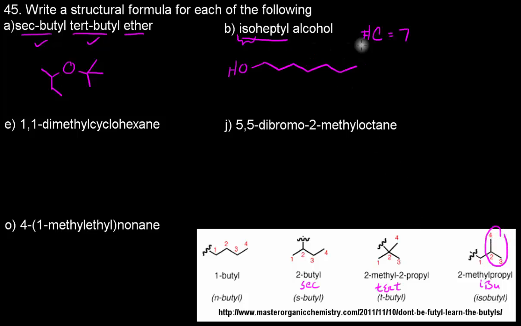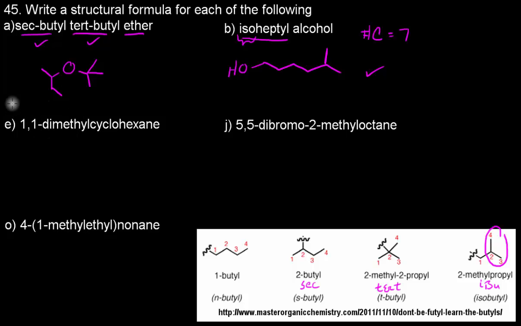So to convert it to iso, we just have to remove one of these carbons from the very end, and we're going to keep it heptyl by adding it back. We're just going to move it back one. Okay, so now we still have 1, 2, 3, 4, 5, 6, 7, but now you can see that we have this iso configuration. So this guy's taken care of, isoheptyl alcohol.